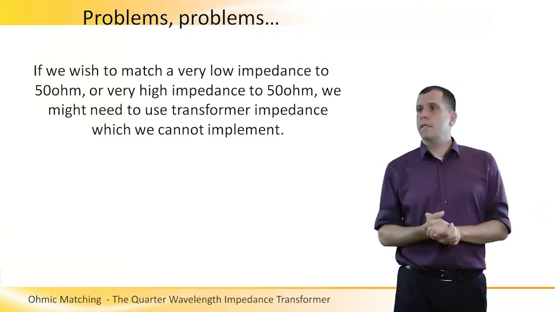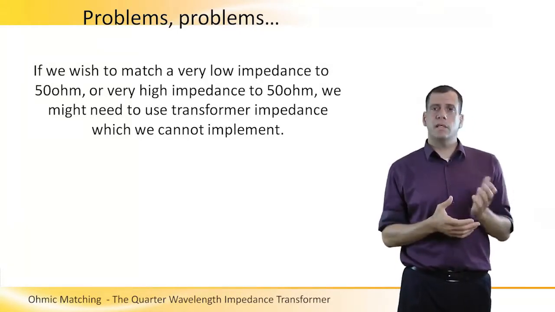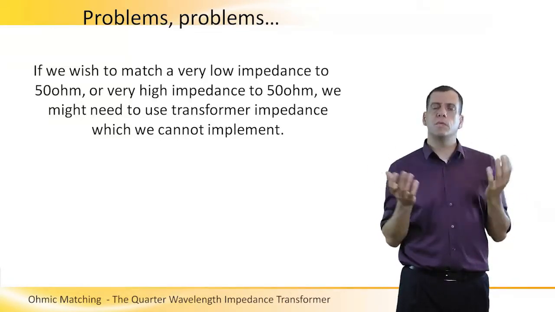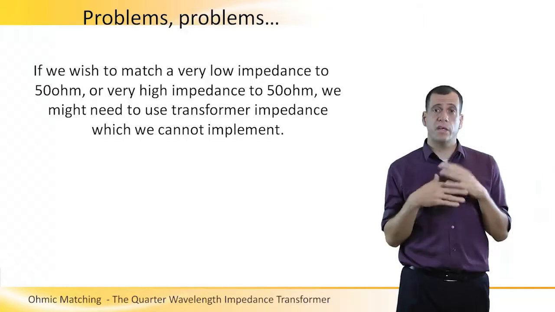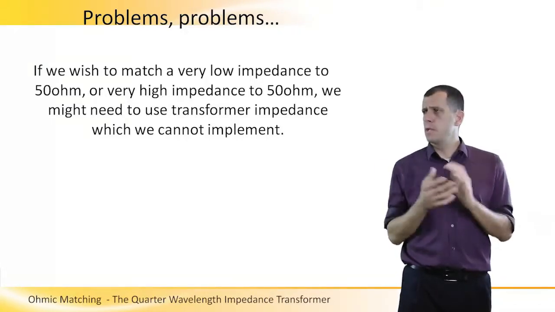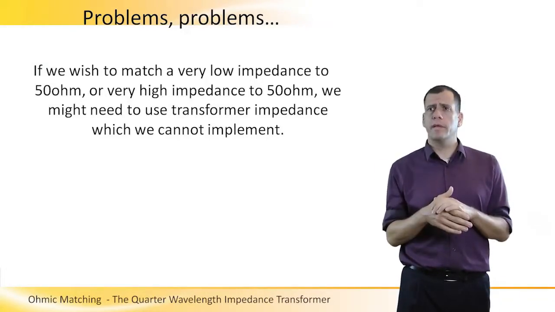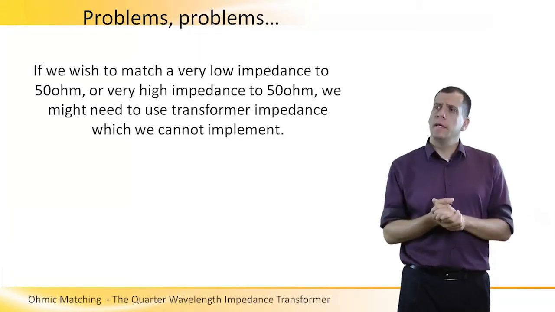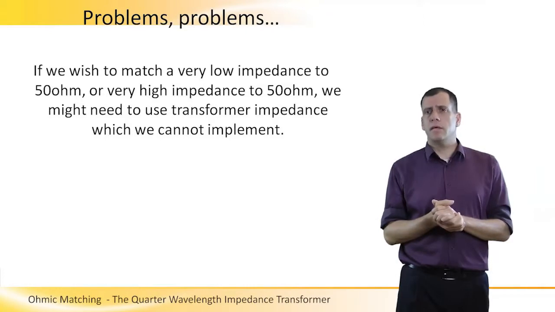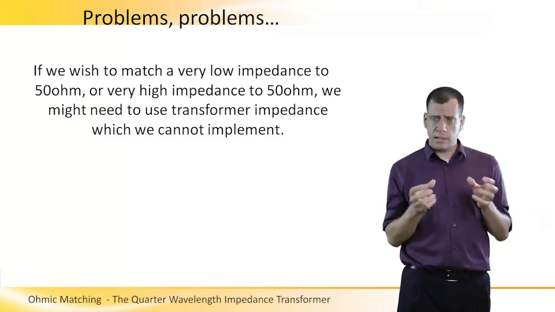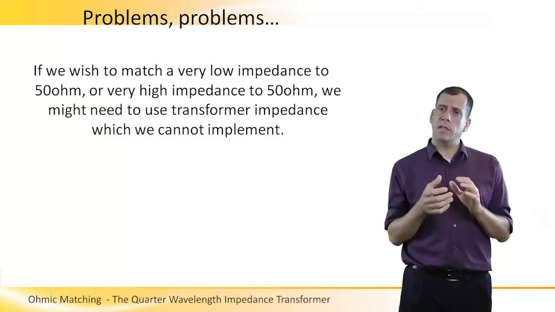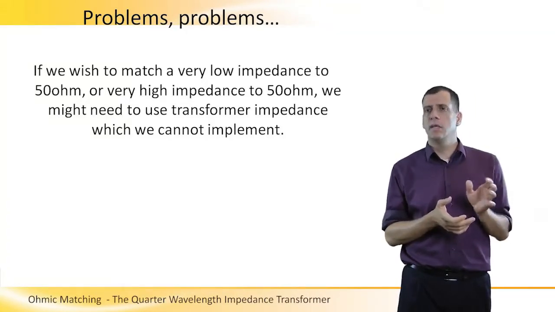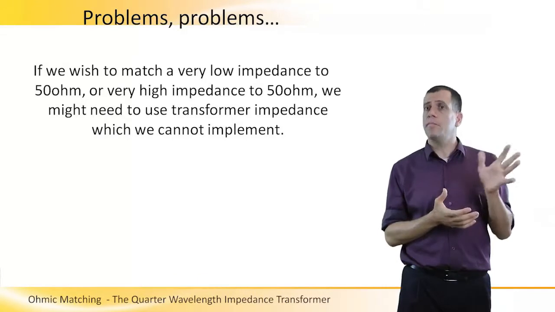If we take a substrate with a dielectric constant of 4, for instance, and let's say we have to work with a very thin substrate, like a 5 mil substrate, then the 50 ohm line on this substrate will be around 10 mil.